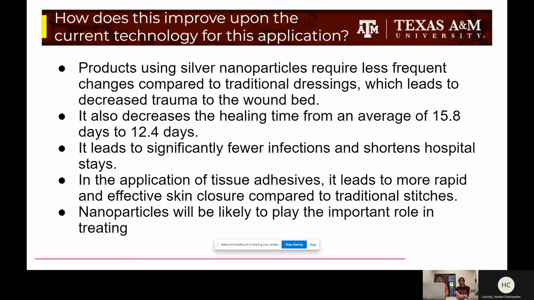It leads to significantly fewer infections and shortens hospital stays. In the application of tissue adhesives, it leads to more rapid and effective skin closure compared to traditional stitches. Nanoparticles will likely play an important role in treating wounds and recovering from them.